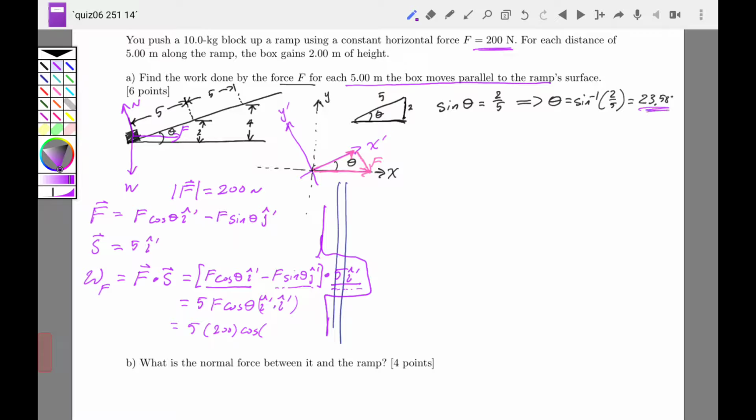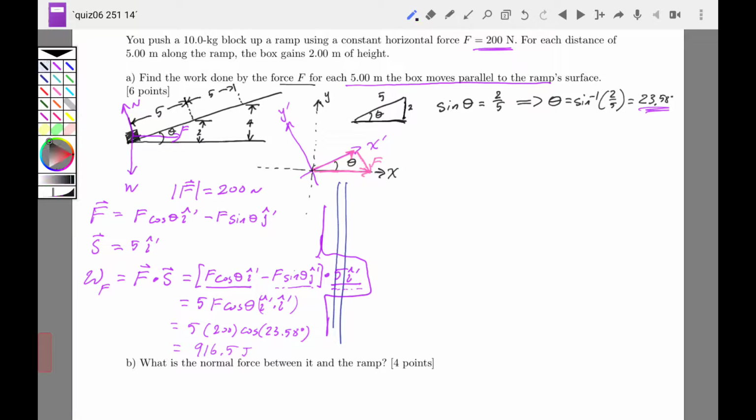Yeah, I guess I did need the angle, 23.58 degrees. So that's 1,000 times cosine 23.58. I get 916.5 joules.